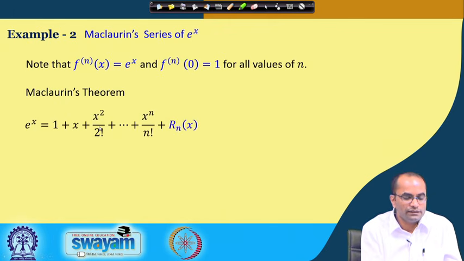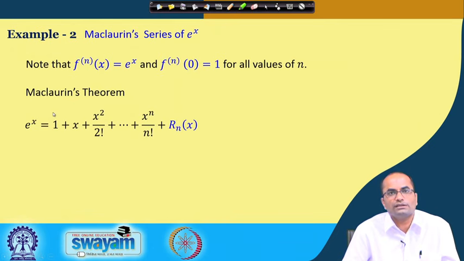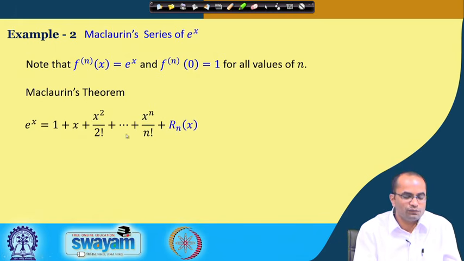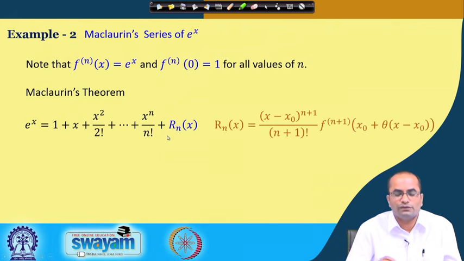So we can easily write down the Maclaurin's theorem: e^x is equal to 1 plus x plus x squared by factorial 2, all the derivatives are 1, up to x^n by factorial n, plus R_n(x). The R_n(x) is the remainder term, which we have just seen.